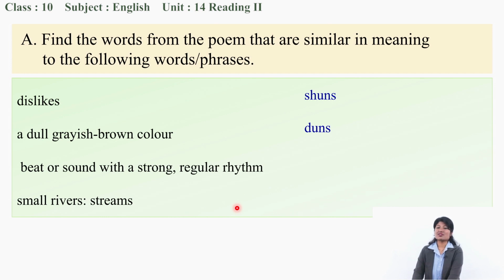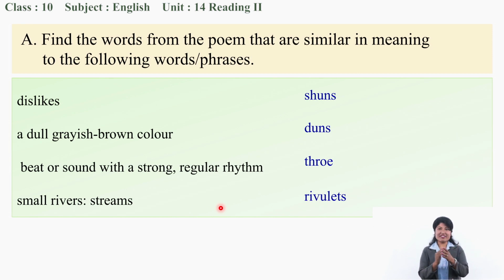Yes, it also starts with T and the word is throw. Now final meaning, I guess, small rivers, streams. What are small rivers and streams called? Of course, rivulets.